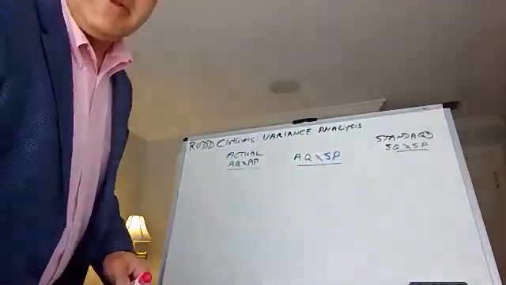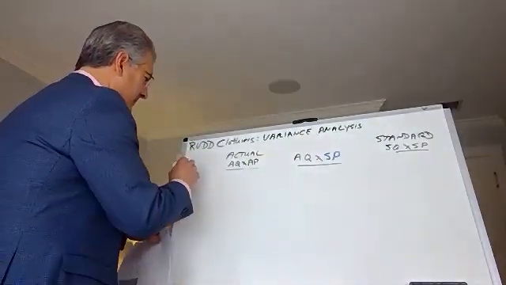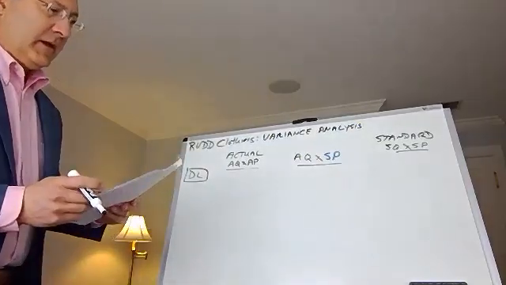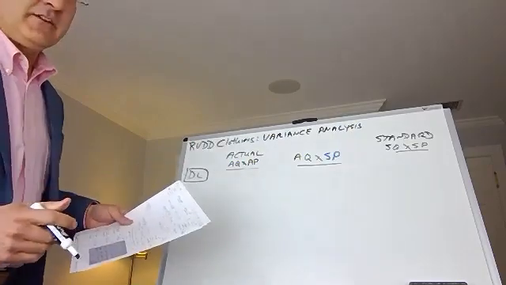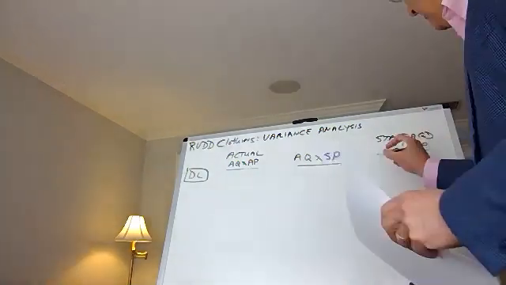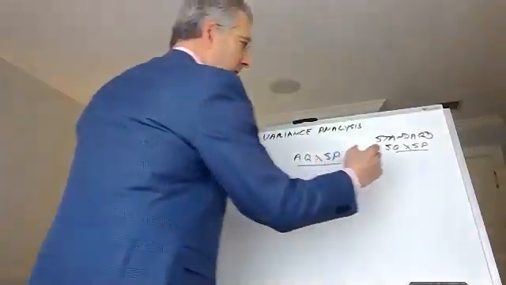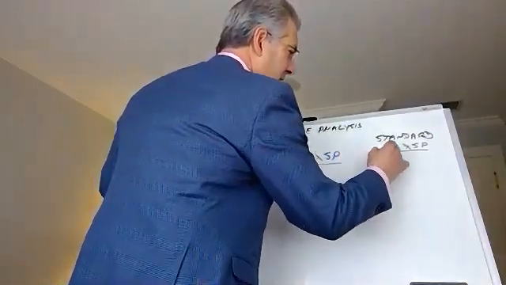So these are going to be our direct labor variances. Let's this time start with the standard. On the standard, you know that the actual output was 11,250 suits.